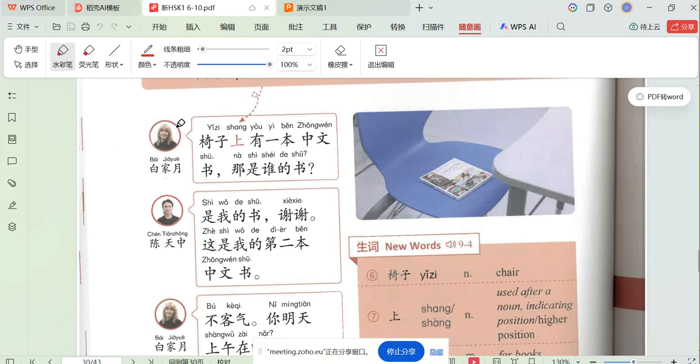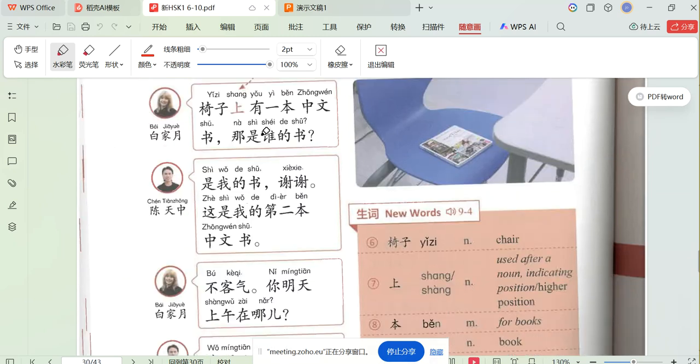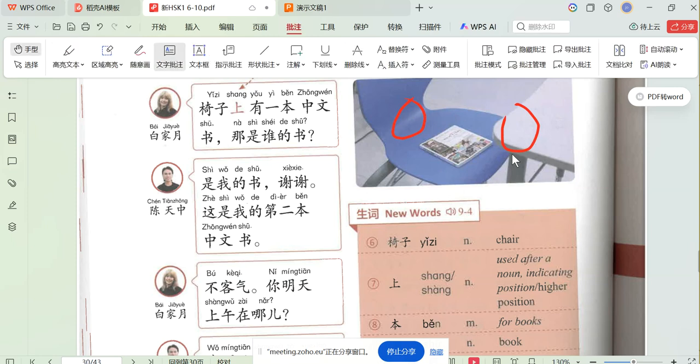It's okay for you? Yes. Okay. So in this lesson, we need to know the table and the chair. How do I say them in Chinese? Table. Can you still remember it?